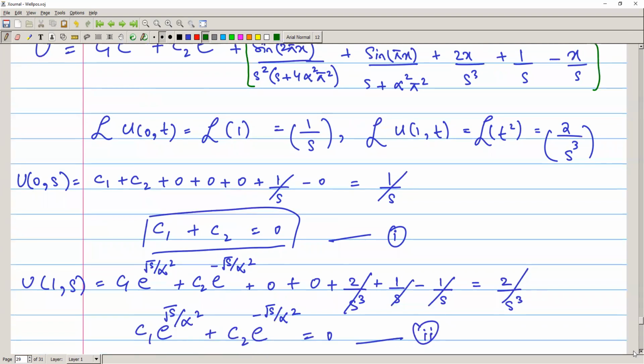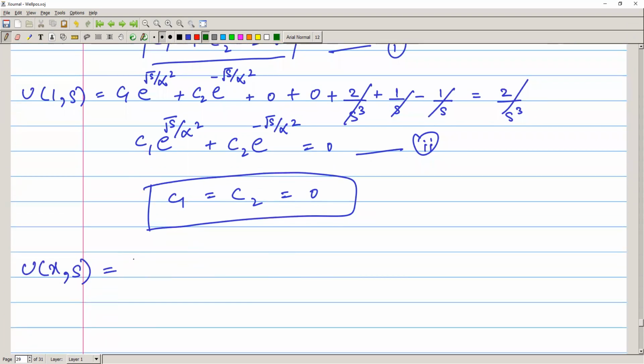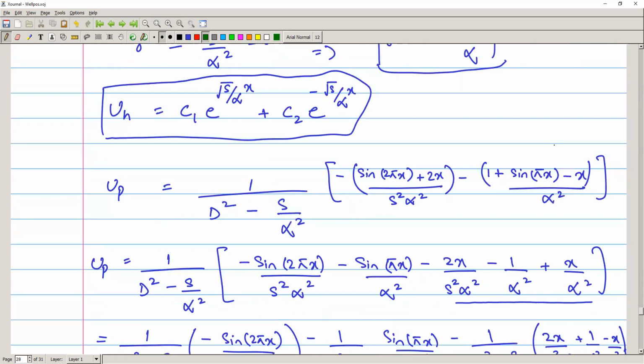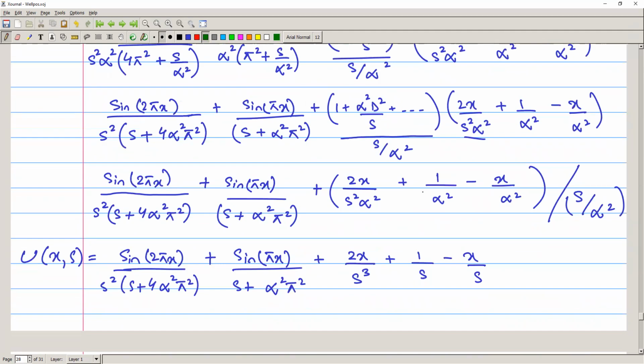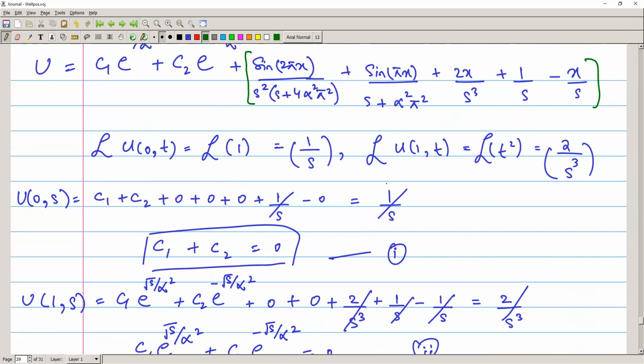So this will be sine 2 pi x over s squared into s plus 4 pi squared alpha squared, plus sine pi x over... we'll see what's there. So it's sine pi x over s plus alpha squared pi squared.